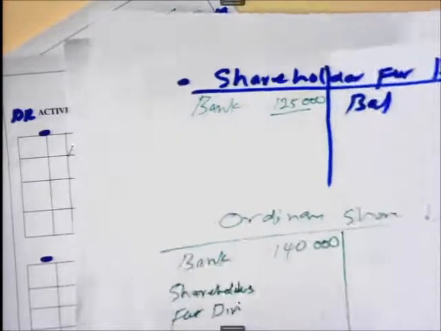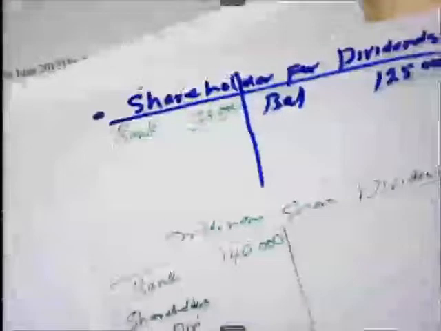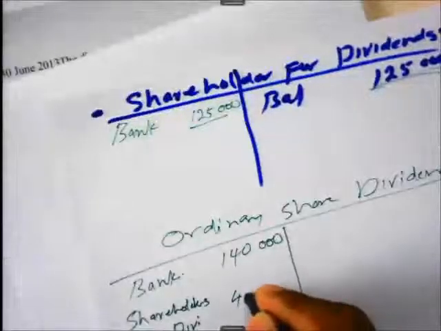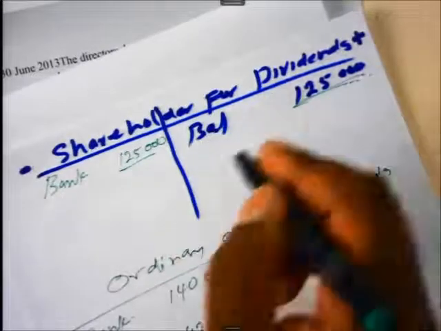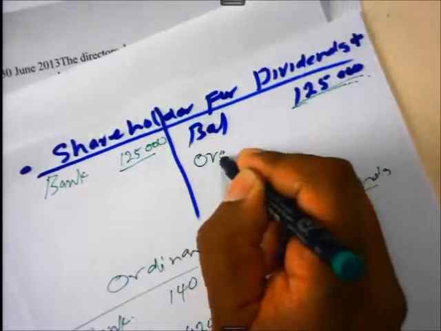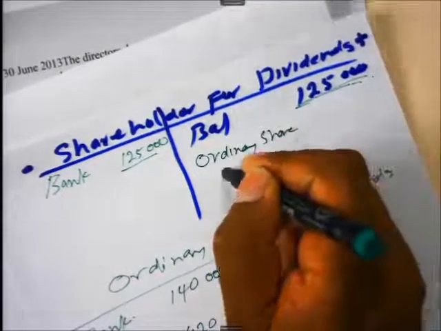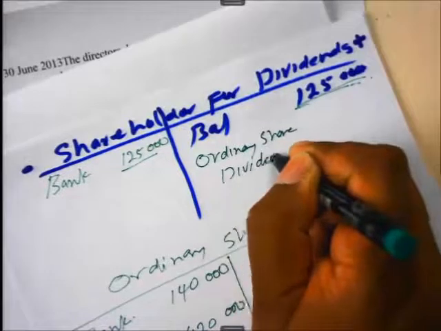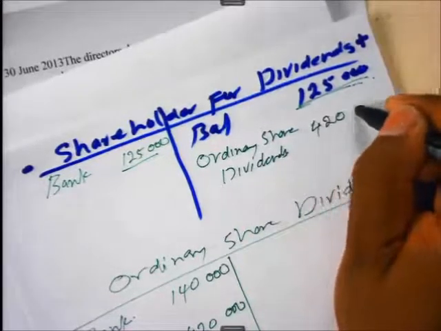We calculated that amount as 420,000. And credit shareholders for dividends with ordinary share dividends, 420,000.